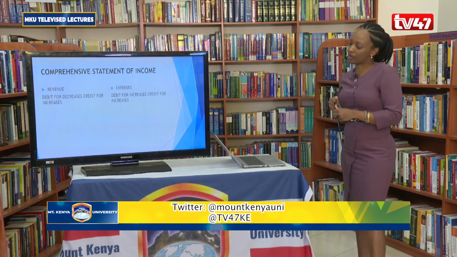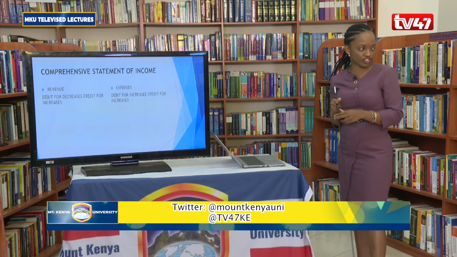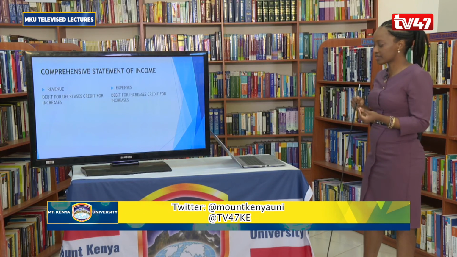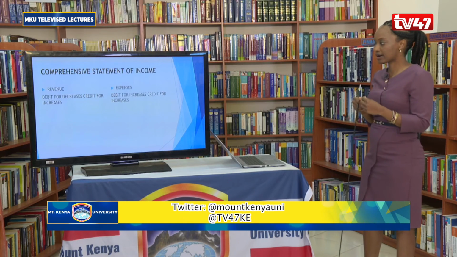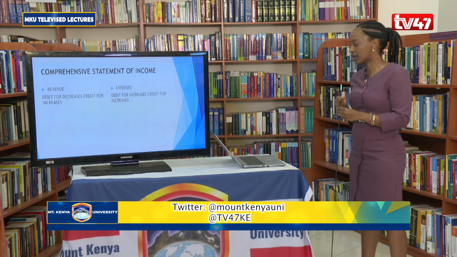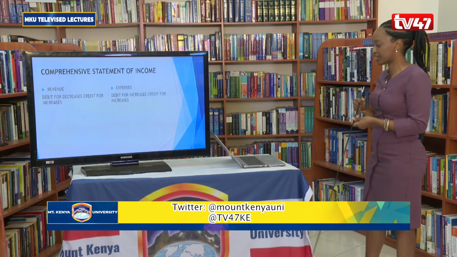Next, expenses. We can take an example of paid rent for the month, 5,000 shillings on account. So the impact is our bank account will have decreased while our expenses account will have increased.